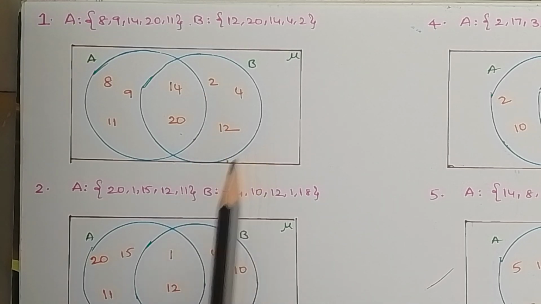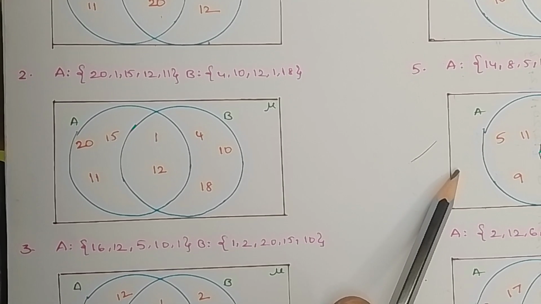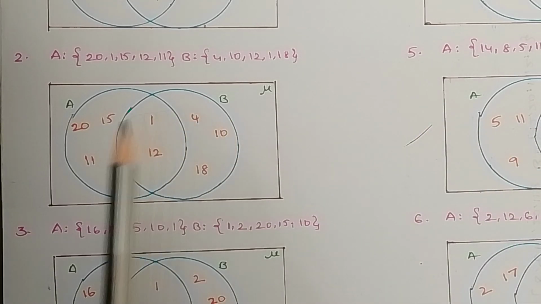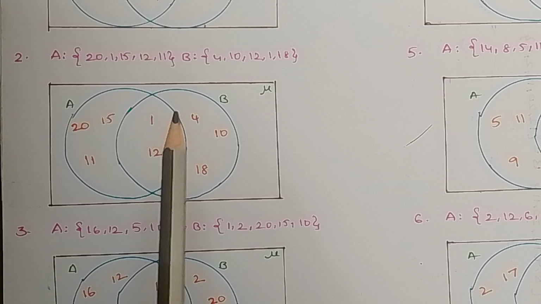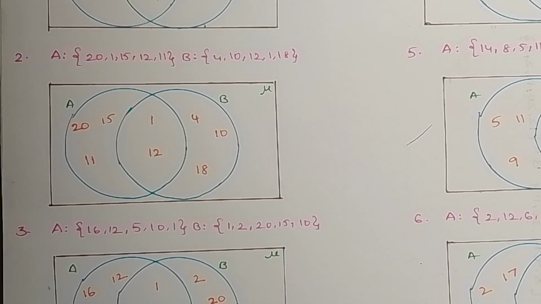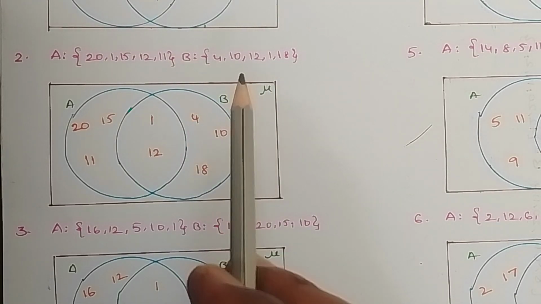Okay, coming to the second one. Set A is given as 20, 1, 15, 12 and 11, and set B is given as 4, 10, 12, 1 and 18.